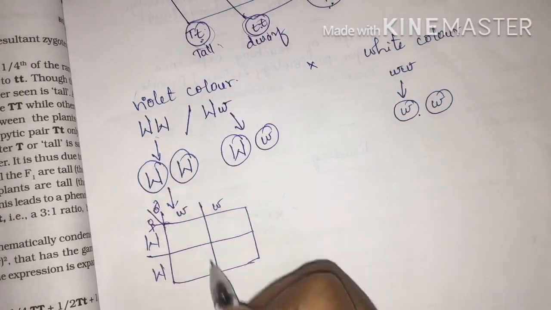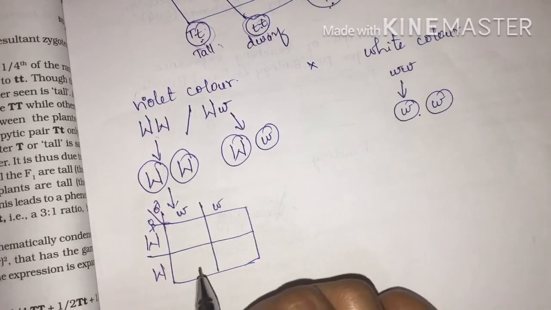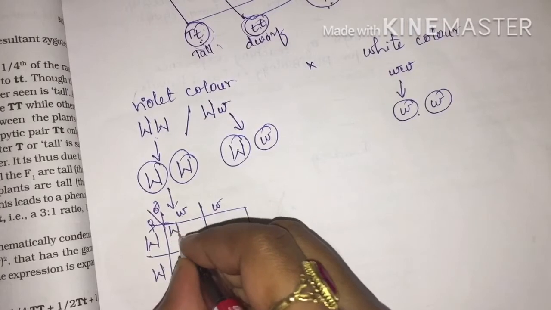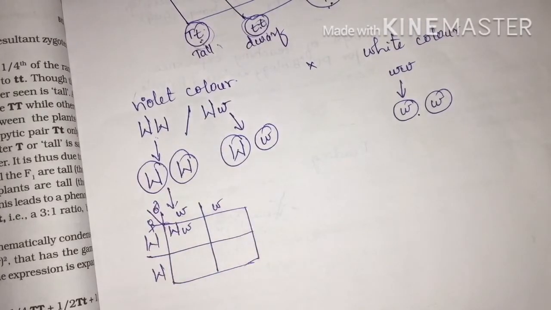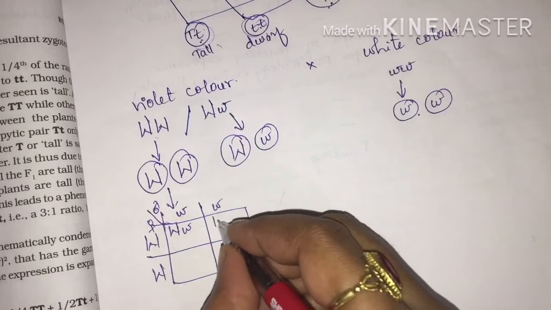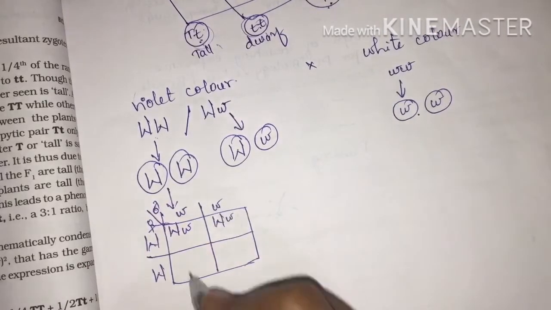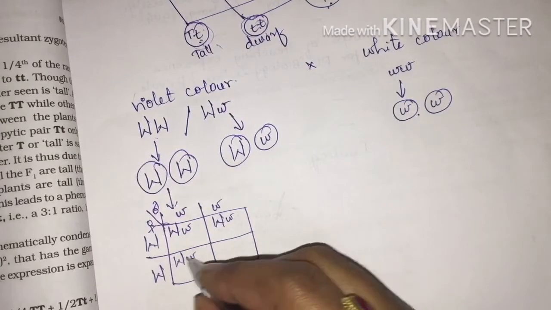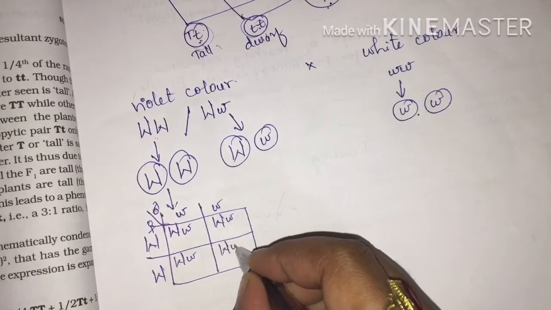We are going to use the same checkerboard Punnett square that we used in the monohybrid cross. So now these two: one is capital W, another one is small w. Now these two, capital W, small w, again capital W, small w.